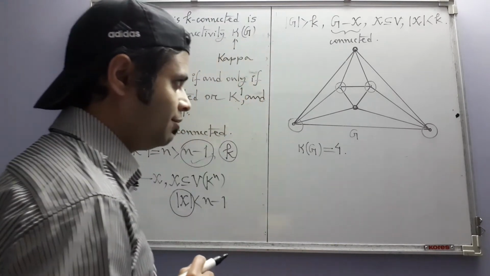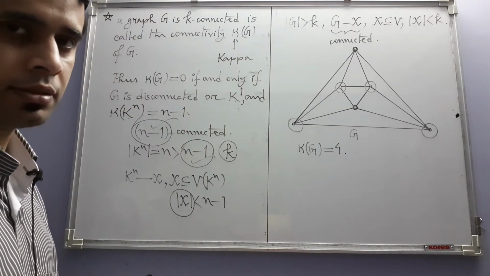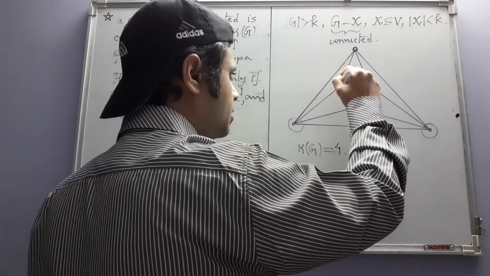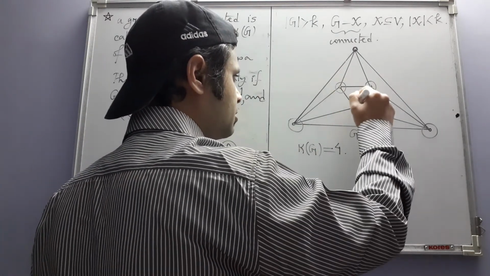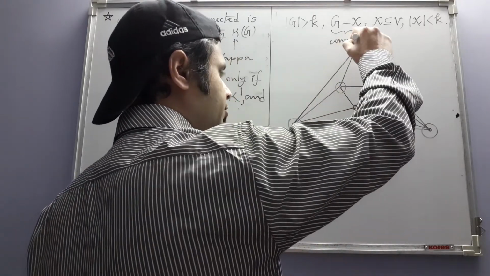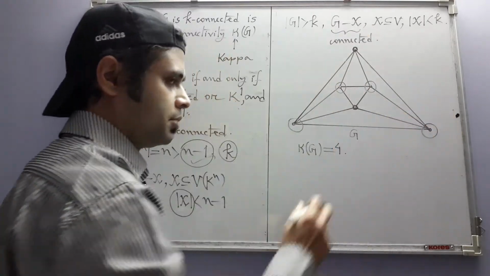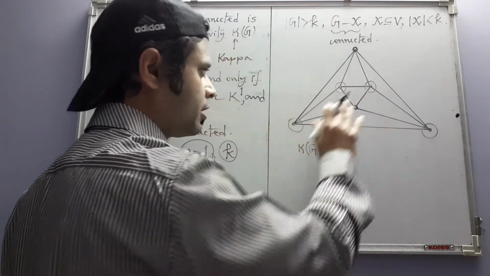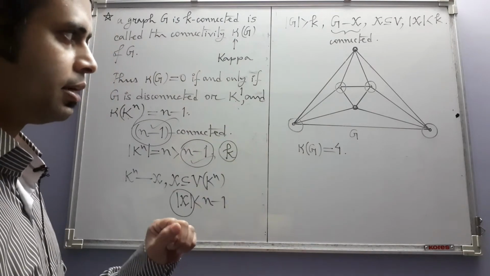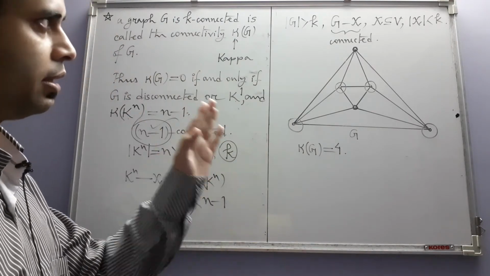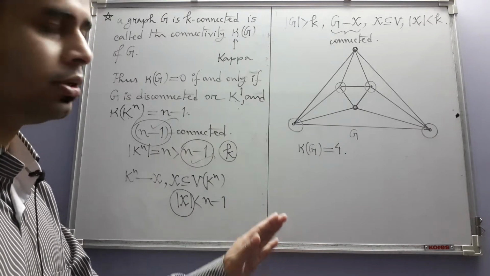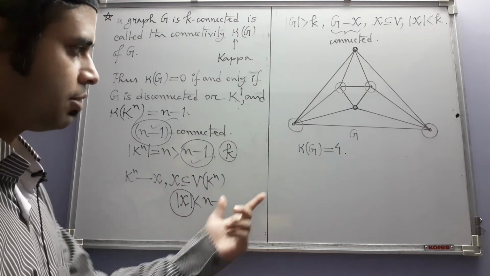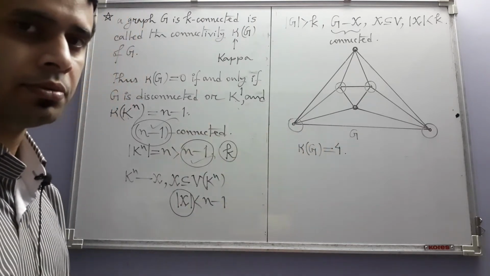Note that if you remove any 4 vertices, there is no guarantee that the graph will get separated. For example, if you remove this one, this one, this one and this one, then you are left with K2, which is connected. But there is at least one set X whose cardinality is 4, such that removal of X makes the graph disconnected. So that's why its connectivity is 4.